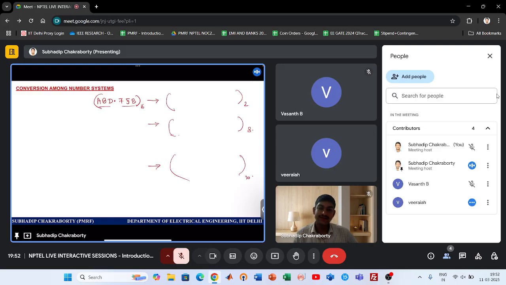ABD.75B is a hexadecimal number with a fractional part, and let us convert it to all the other number systems. Do this as an exercise. I need the binary part, the octal part, the hexadecimal part, and also the decimal part. So this is a hexadecimal number, right?